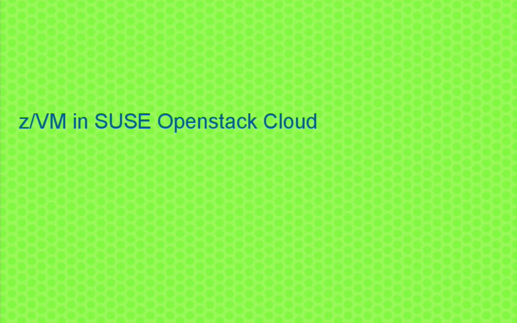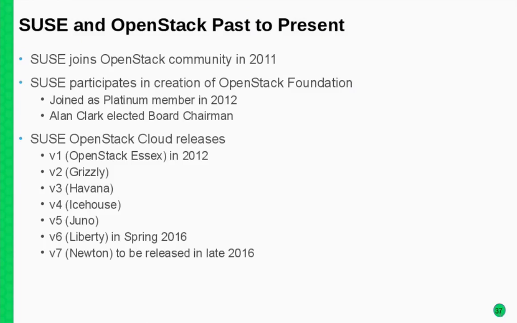Now, let me talk about z/VM and SUSE OpenStack Cloud. Just a background: SUSE actually joined the OpenStack community in 2011, before there was an OpenStack Foundation. We started participating and helped define how the foundation works. Alan Clark has been the board chairman of the OpenStack Foundation since 2012.